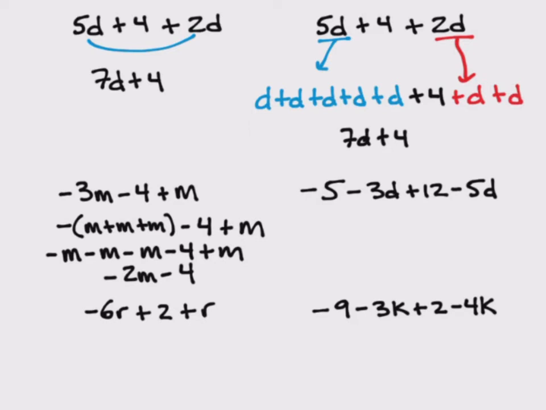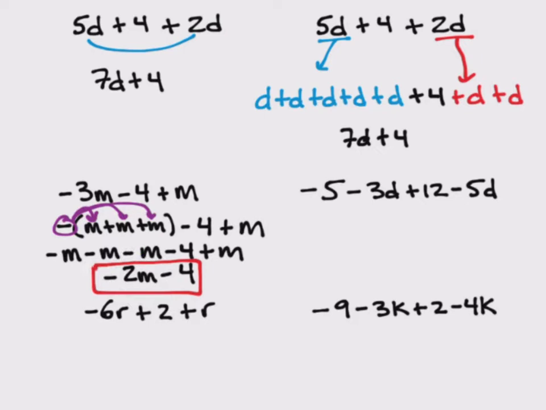And if we distribute this negative sign to all three of the m's, we get negative m minus m minus m. And of course, if we have these three negative m's and we add 1 m to that, we end up with our final result, negative 2m minus 4.